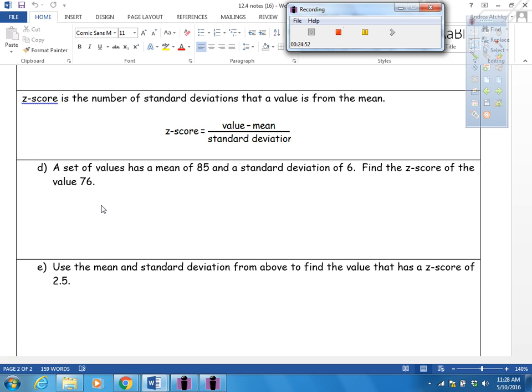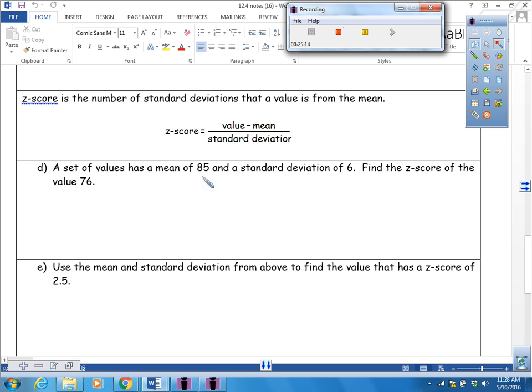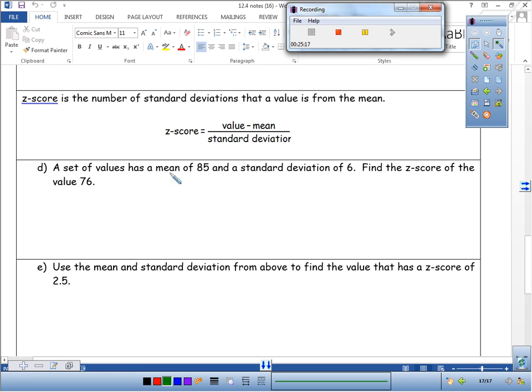Okay. So a set of values has a mean of 85, a standard deviation of 6. Find the z-score for your value.